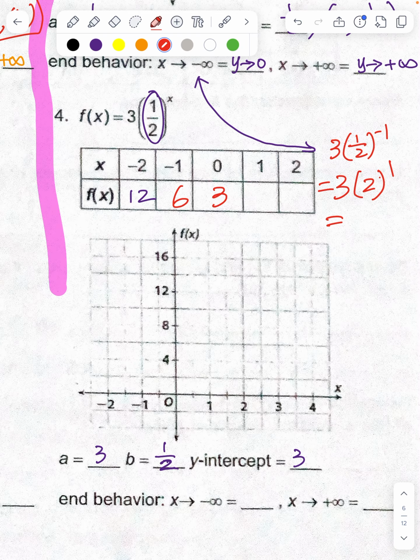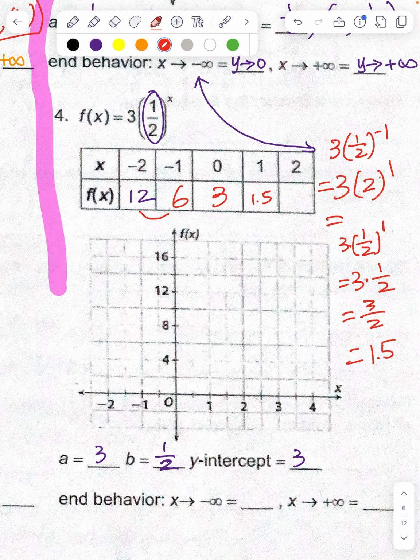Now, x equal to 1. 3 times 1/2 raised to the power of 1. Power of 1 is just itself, so 3 times 1/2, so 3 over 2, that's just 3 divided by 2, 1.5.